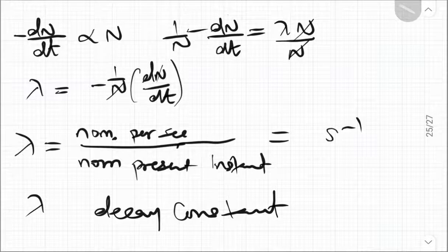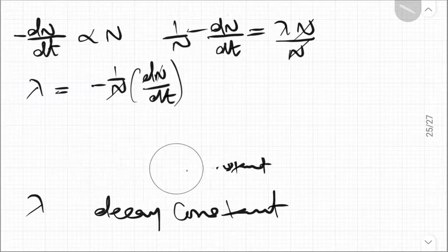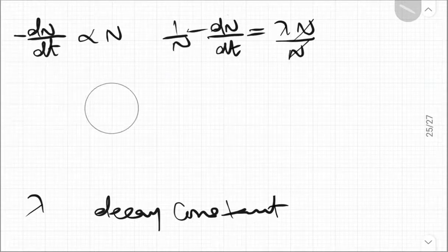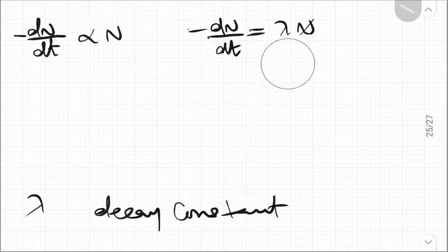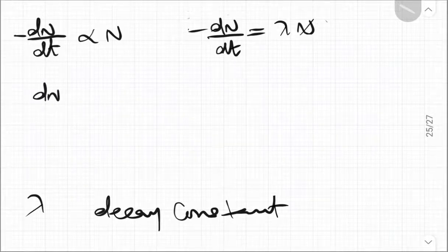let me clear some space. So if you look at this equation, of course this is a differential equation, right? A separable differential equation. So let's separate the variables. So let's divide both sides by n, so we have dn over n, and multiply both sides by dt, right?